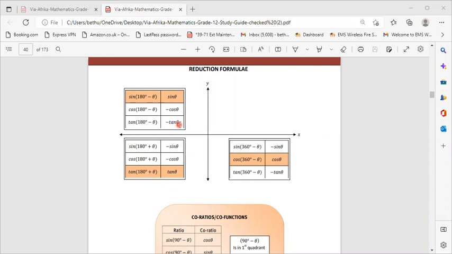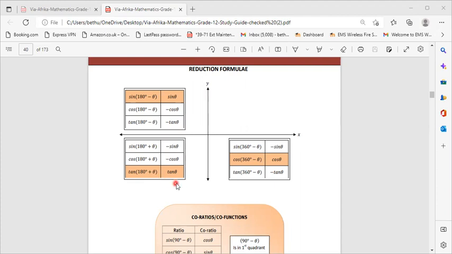If you have cos, open bracket, 180 degrees minus theta, close bracket, it is equivalent to negative cos theta. If you're given tan, open bracket, 180 degrees minus theta, close bracket, it is equivalent to negative tan theta.